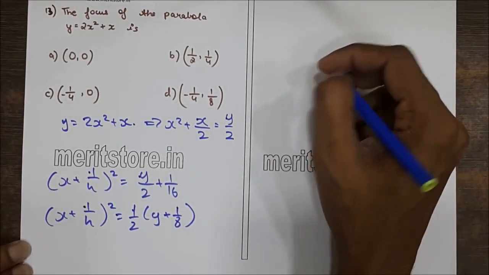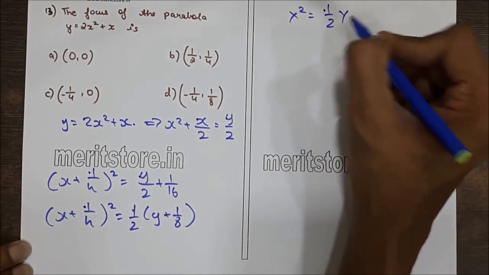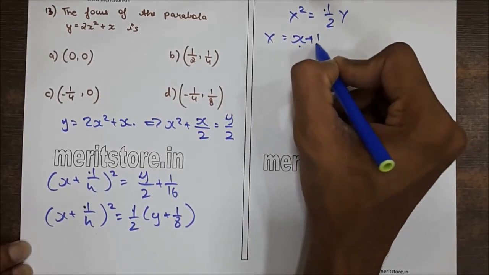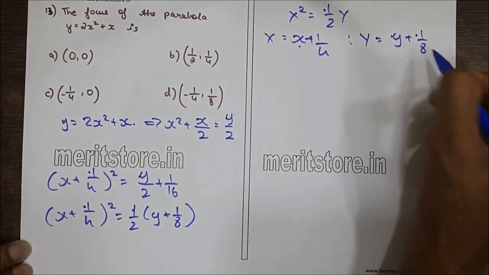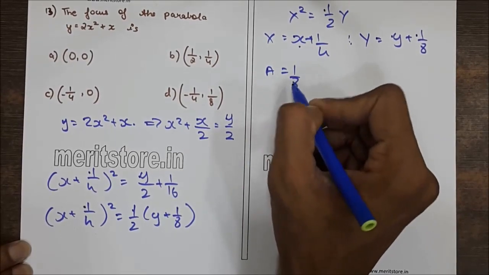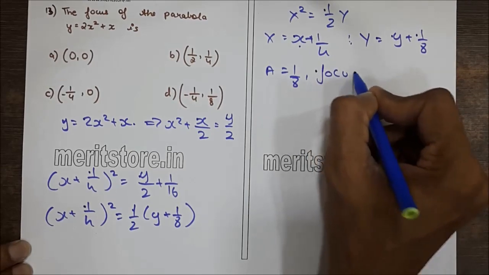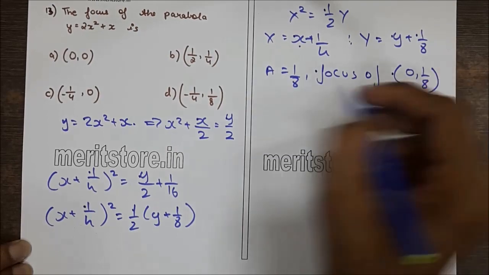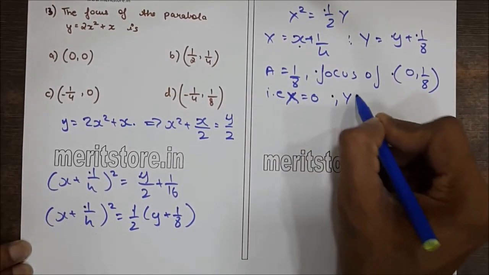It can be written as X square equal to half of Y, where X is equal to x plus 1 upon 4 and Y is equal to y plus 1 by 8. We get a is equal to 1 by 8, that is the focus is 0, 1 by 8, that is X equal to 0, Y is equal to 1 by 8.